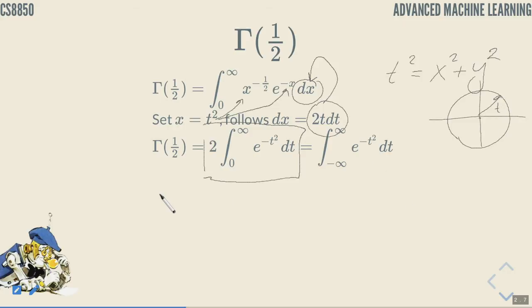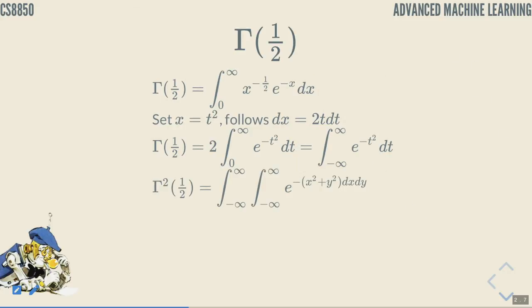So let's apply the following trick: let's multiply the integral by itself, basically. So we're squaring it, but we're squaring it in two different dimensions, one in x and one in y. That's how we replace t squared by the familiar equation of a circle.